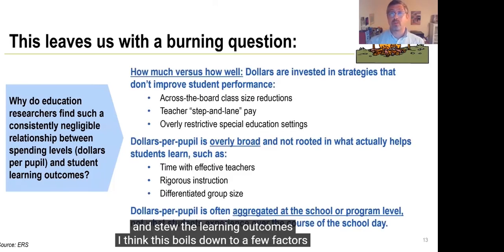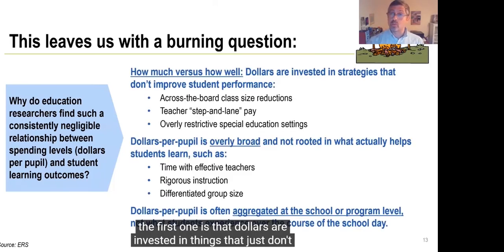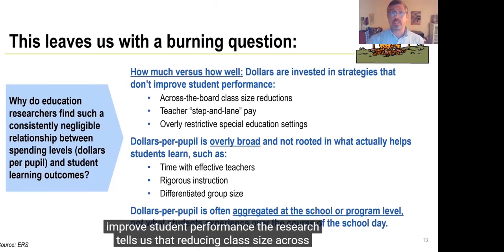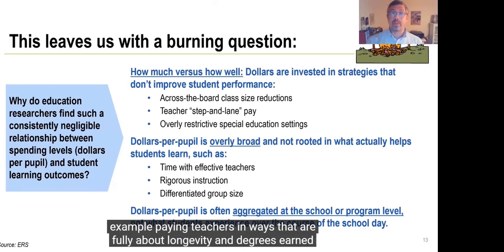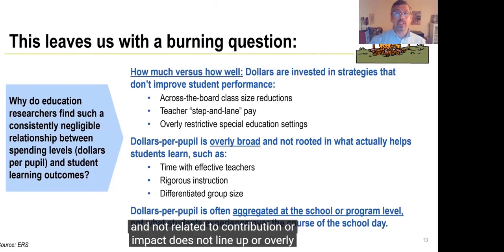I think this boils down to a few factors. The first one is that dollars are invested in things that just don't improve student performance. The research tells us that reducing class size across the board by 1 or 2 students doesn't, at scale, affect student learning, as one example. Paying teachers in ways that are fully about longevity and degrees earned, and not related to contribution or impact, does not line up.